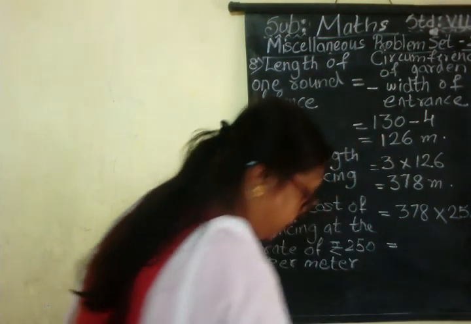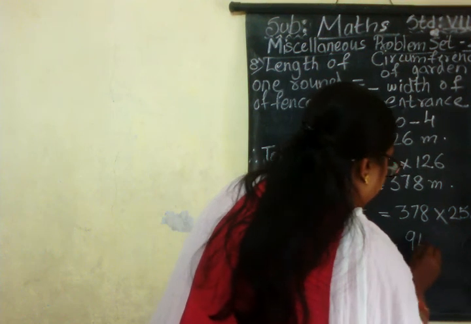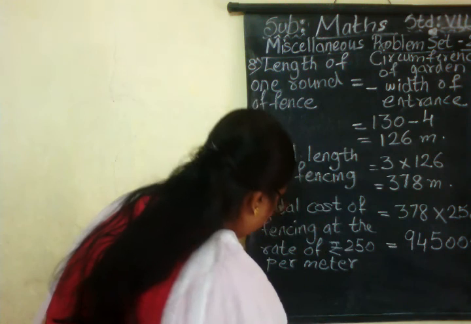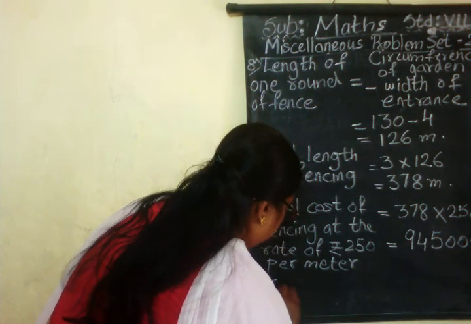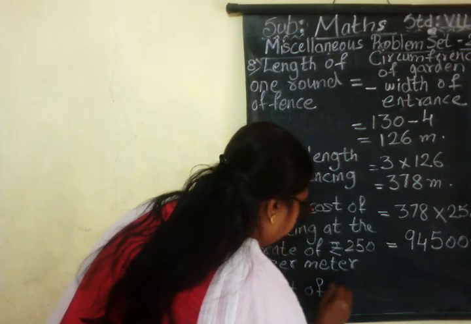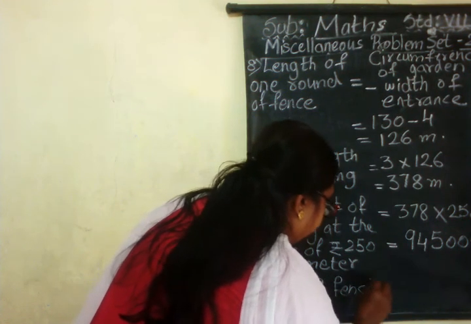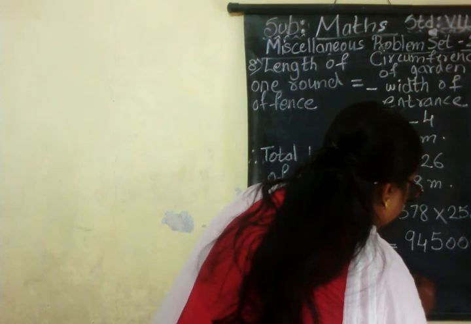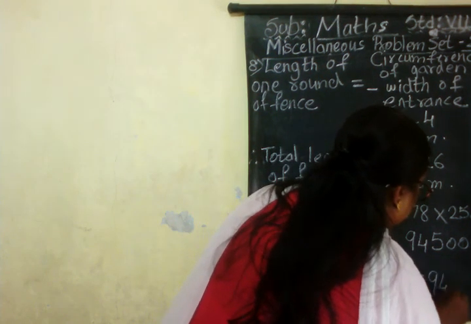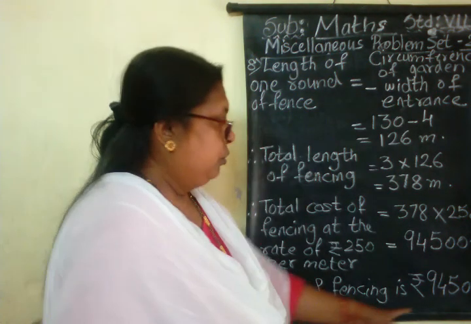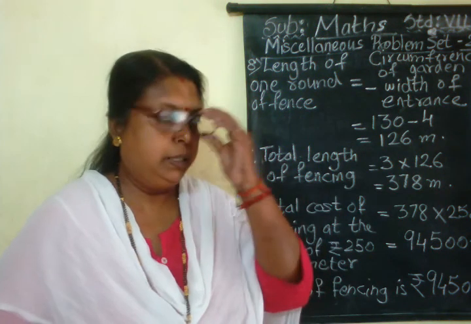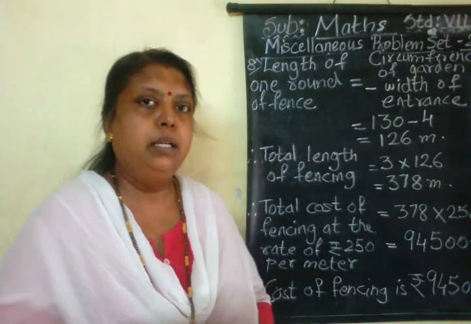This gives me answer as 94,500. Therefore, cost of fencing is rupees 94,500. So 94,500 will be the cost of fencing, leaving 4 meter of entrance in the garden fence.